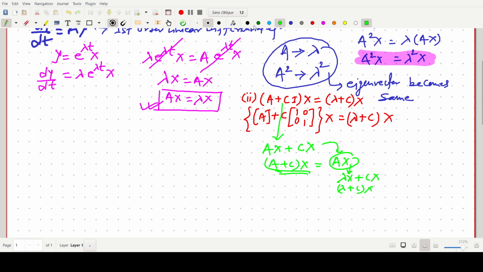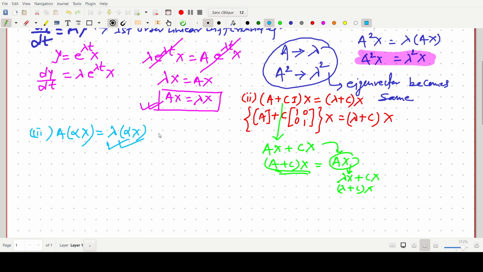One more property that I want to write: if we multiply an eigenvector by alpha, a non-zero number, then it should be lambda times alpha x. This is the other property, and this is all about the properties.